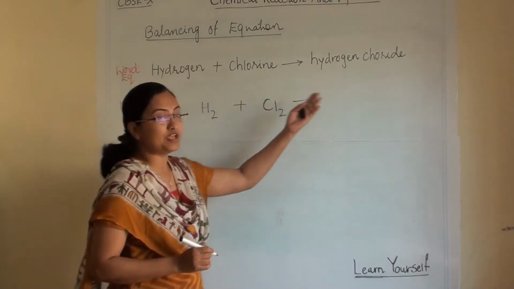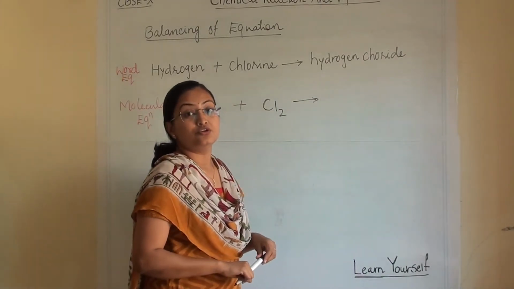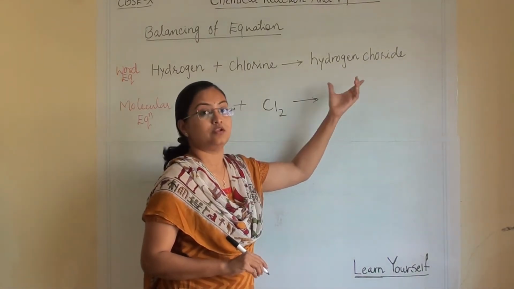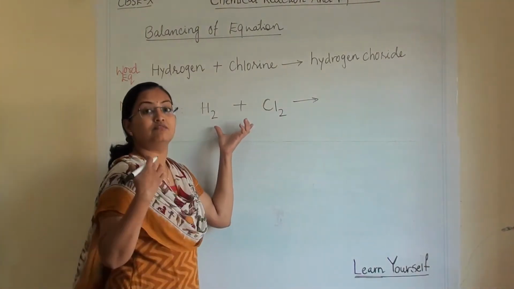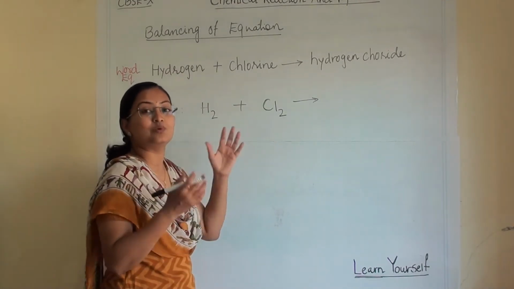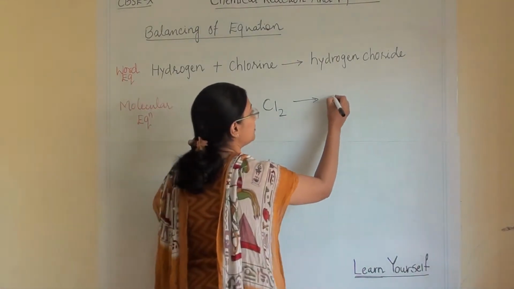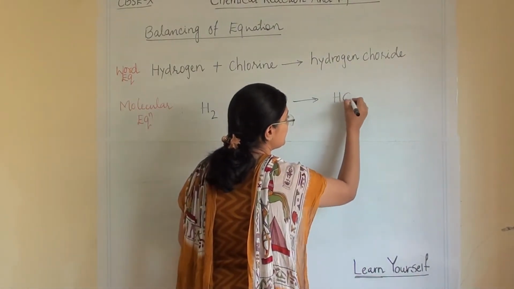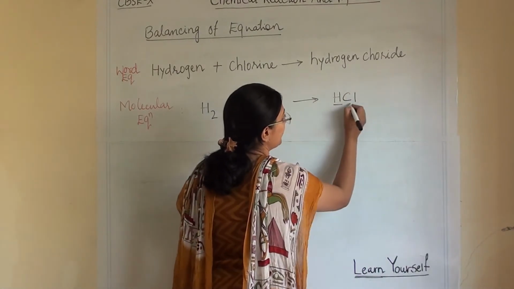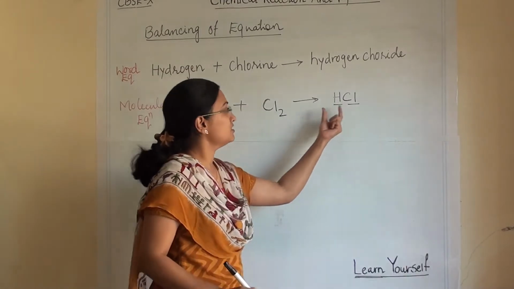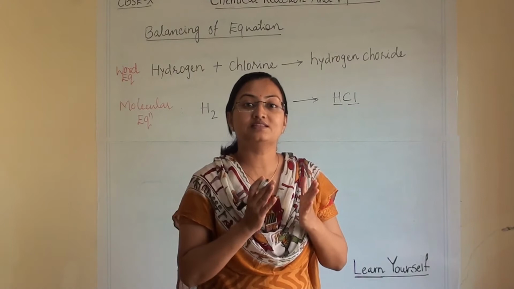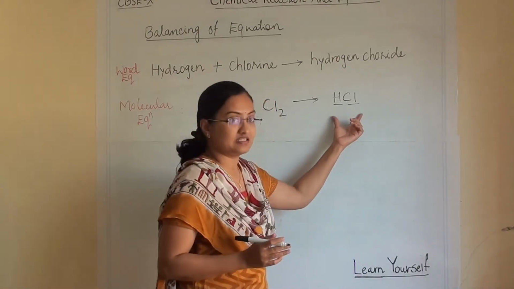Now on the right-hand side, you should know the molecular formula of hydrogen chloride, or you can make a guess from the reactants that hydrogen and chlorine will combine to make HCl. The molecular formula of hydrogen chloride is HCl.